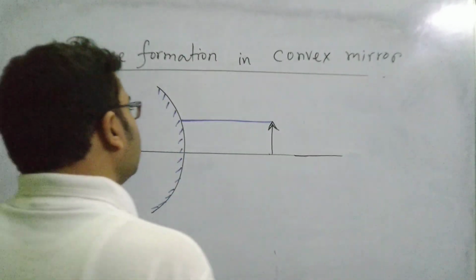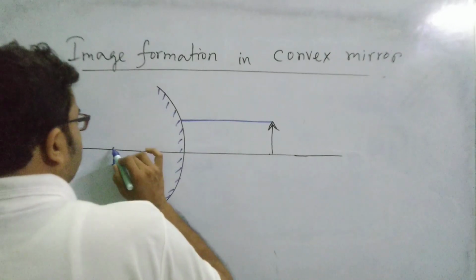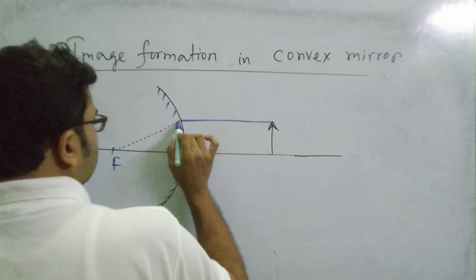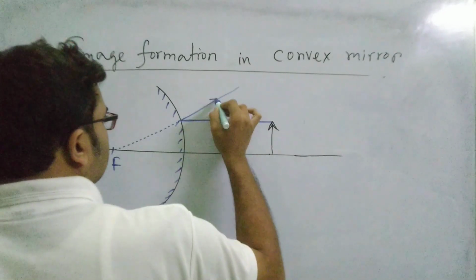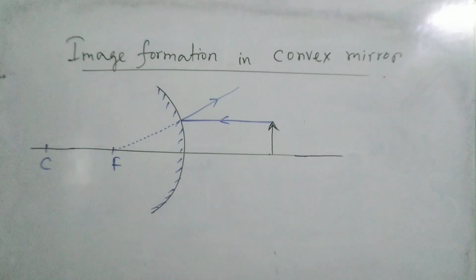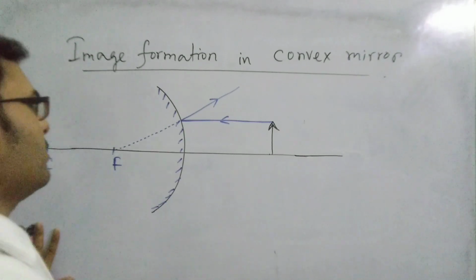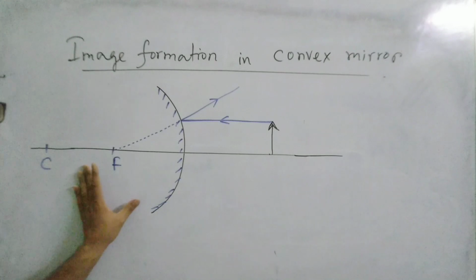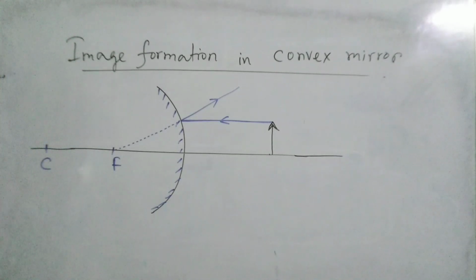So for this case, the reflected ray will be something like this. It appears as if it has been coming out from the focal point. Or you can think that if the reflected ray is traced back, it will meet at the focus in a virtual position. So this is the ray.